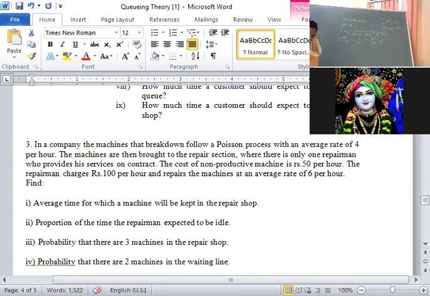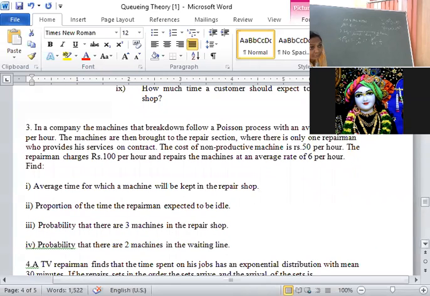If you see carefully what they asked, the probability that there are two machines in the waiting line. That means you have to apply this formula: the probability of n greater than or equal to 2. What does it mean? It is lambda by mu whole square.